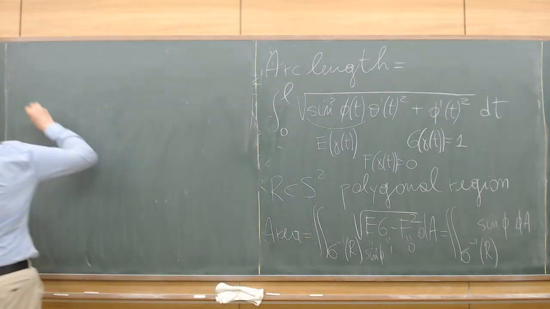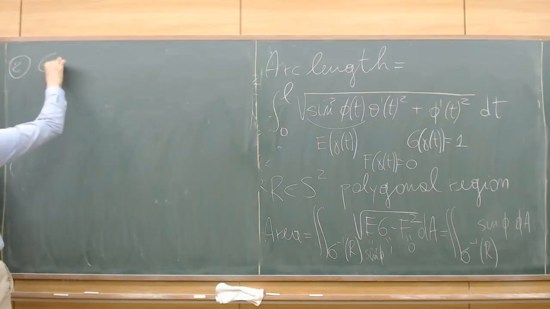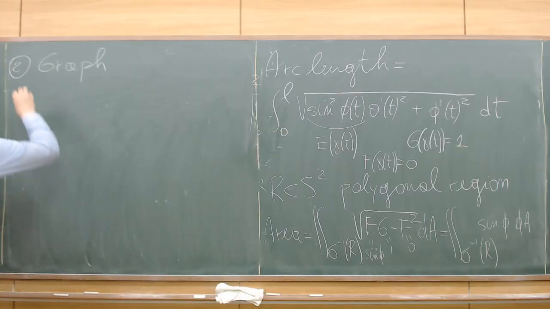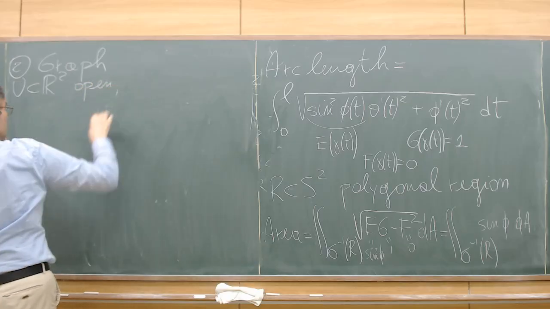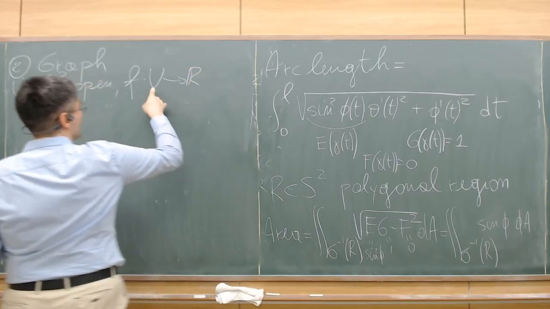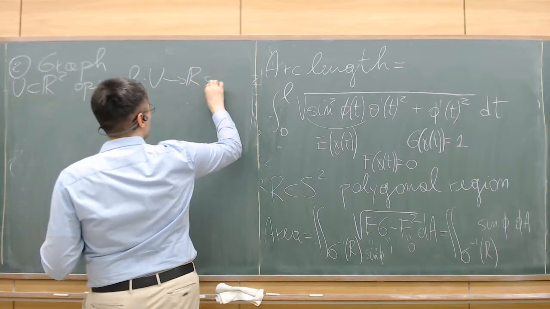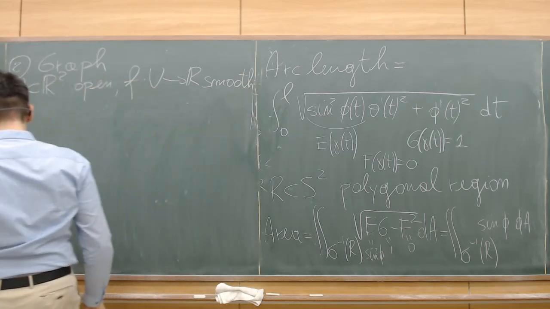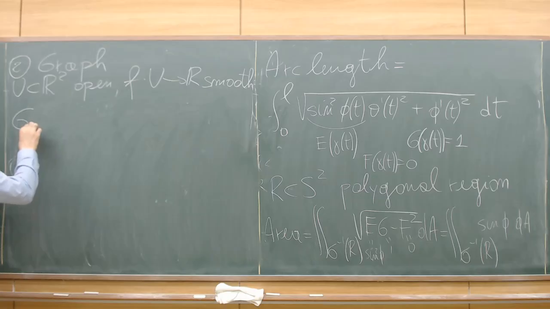Second example, the first fundamental form for a graph. So if U contained in R2 is open, and f defined on U with values in R is smooth, then let's use another notation, because G is something else.